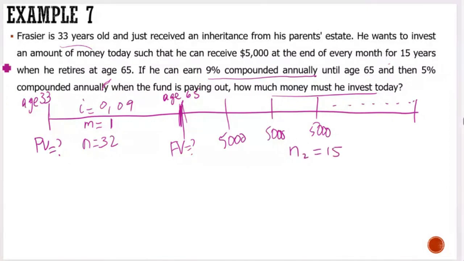So now your TN is going to be 15 plus 65, which is 80, but you are told he wants an annuity for 15 years. So this is your 15, and then you are told this is paying out at 5%.